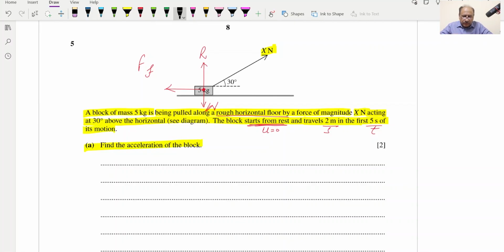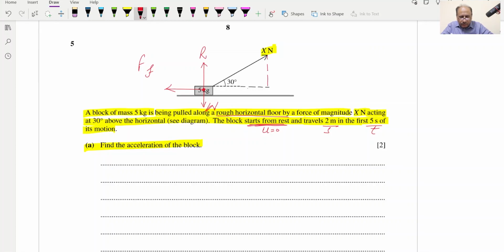Now what we can do is extend this line. I will redraw the line properly. Now we can resolve this into two forces.